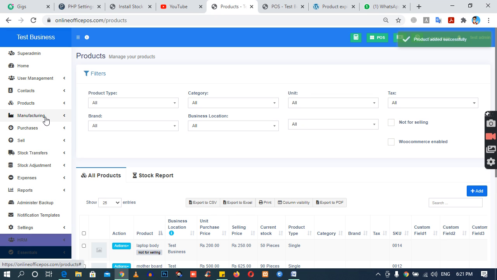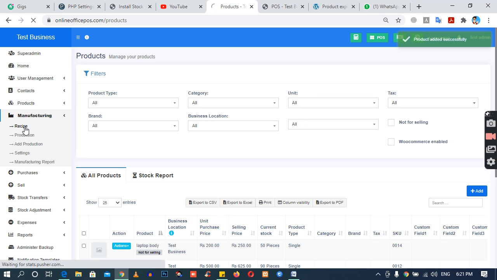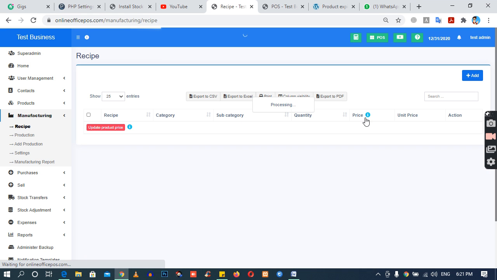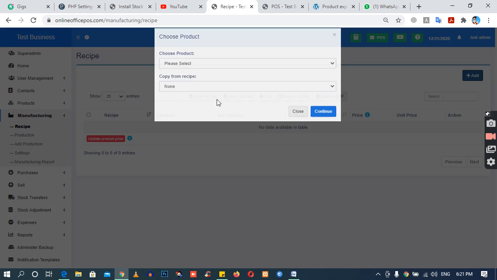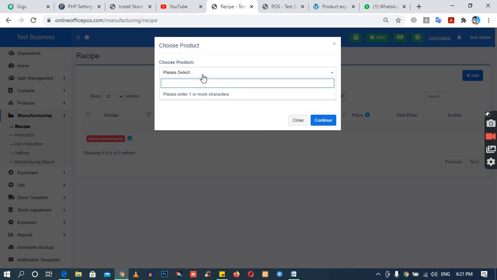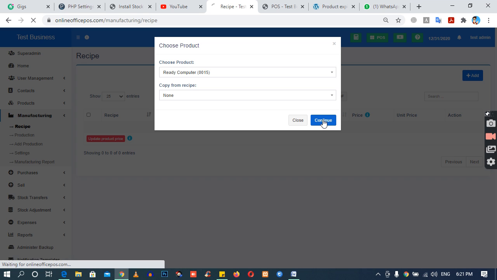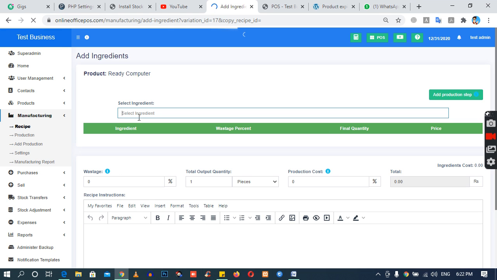So what we have to do, we go to the manufacture module, we create a recipe, we add a recipe. The recipe name is ready computer. And what are the ingredients used in a ready computer product?